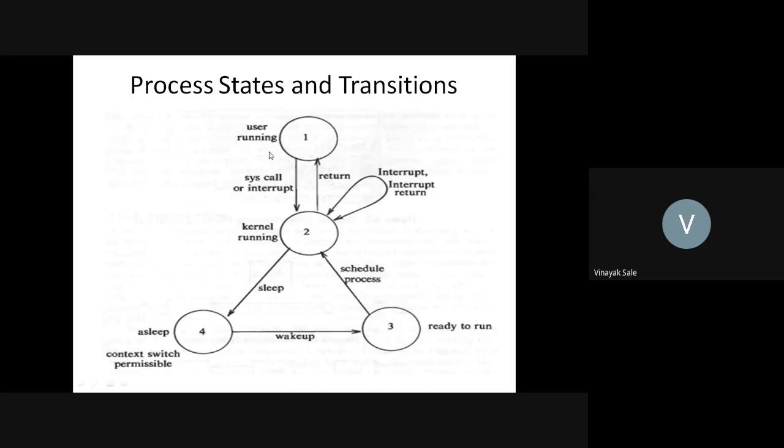If the process is executing in user mode, a system call or interrupt takes it, and the process enters from the first user state to the kernel state.